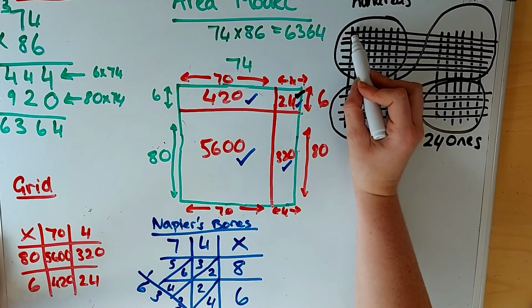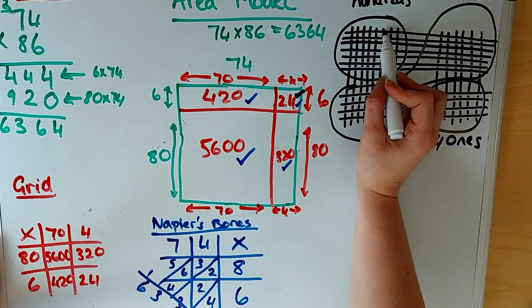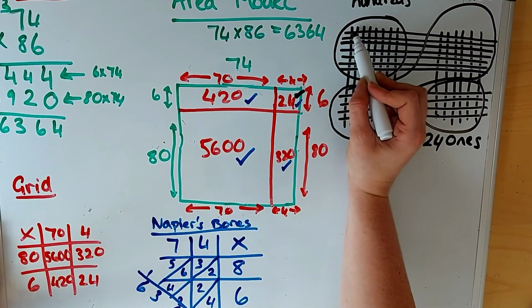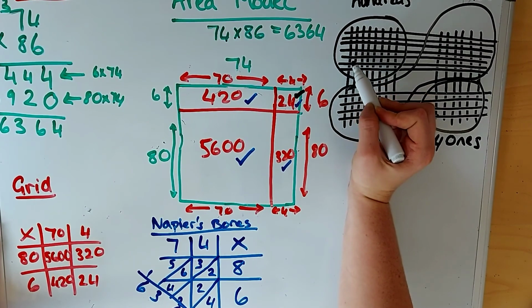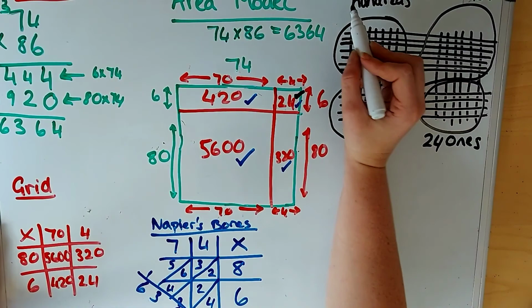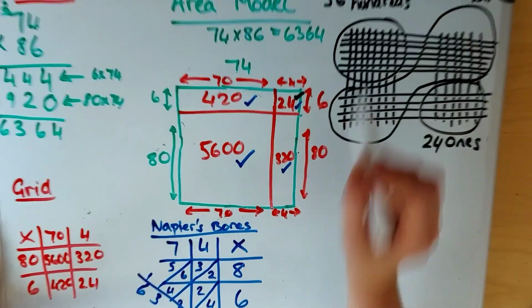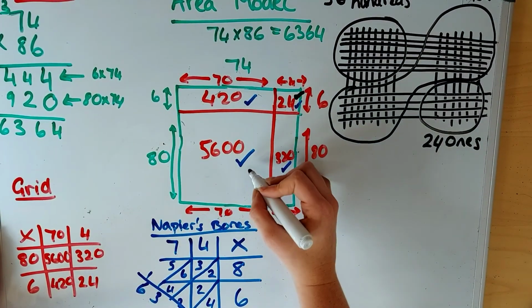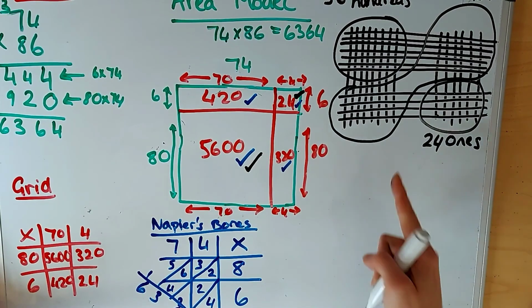For my hundreds, I've got 8 by 7. So 8 multiplied by 7 is 56. So I've got 56 hundreds, which is the same as 5,600.